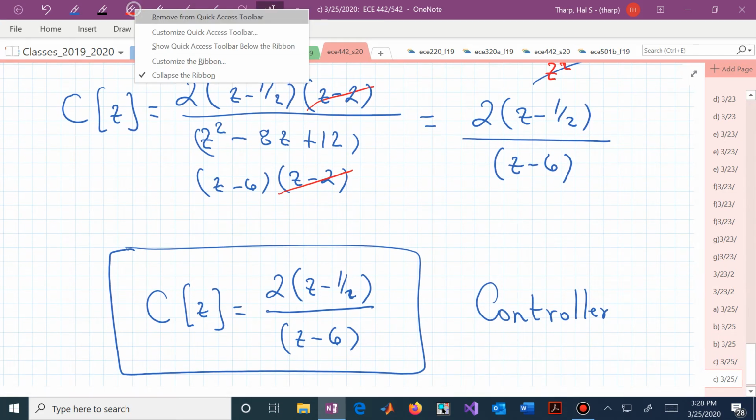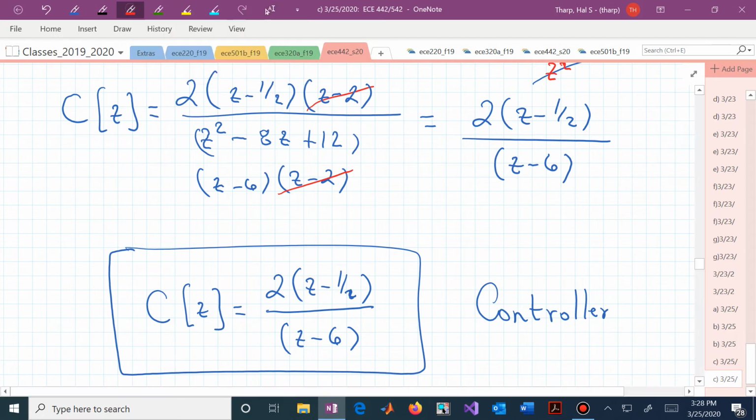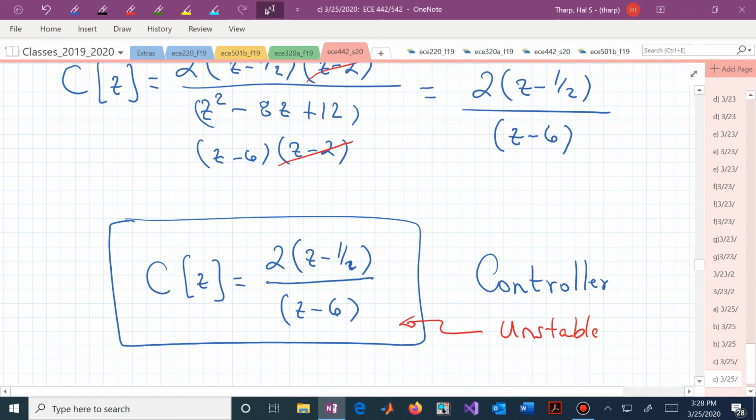What can you tell me about this? Well, if we look at that, this controller is actually unstable, but it's not canceling an unstable 0. We had an unstable 0 at 1.5. That's not being canceled. We had an unstable pole at 2. That's not being canceled by anything in the numerator.